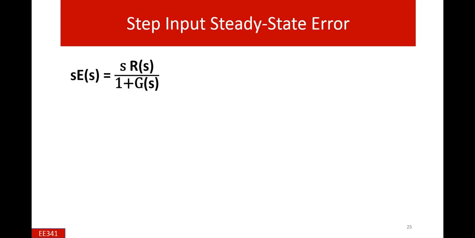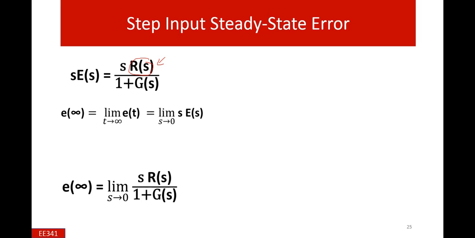Let's see the first example, where we have the step input. If this input is a step input, what will happen to the steady state error? R of s is equal to 1 over s.